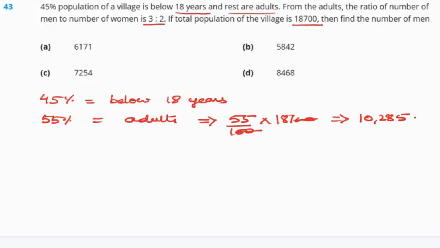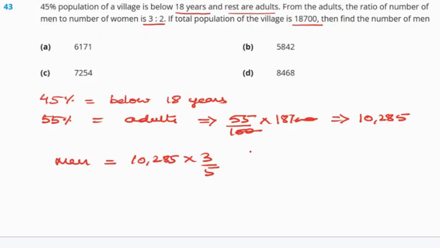Now, out of these adults, the ratio of the men to the women is given to us, which is 3:2. Correct. The question is asking to find the number of men. So the number of men will be 10,285 times 3/5. When we are solving it, what will we be getting?